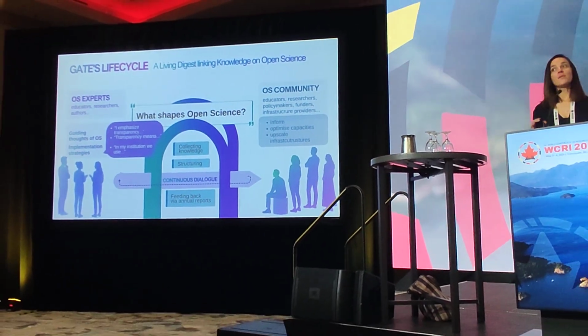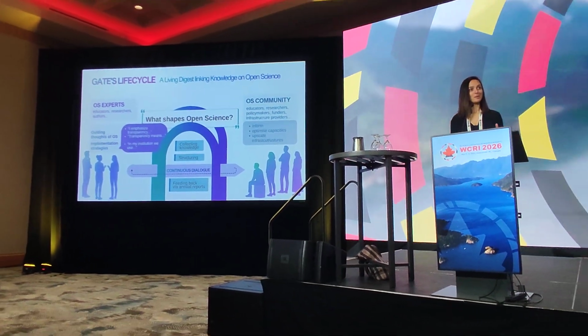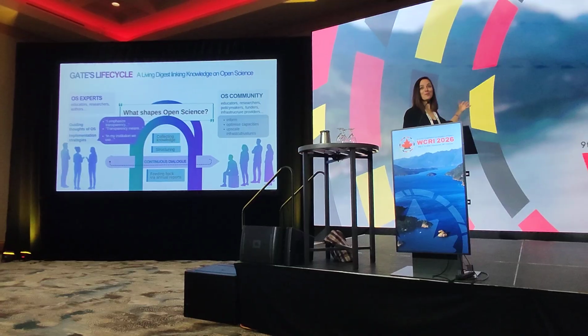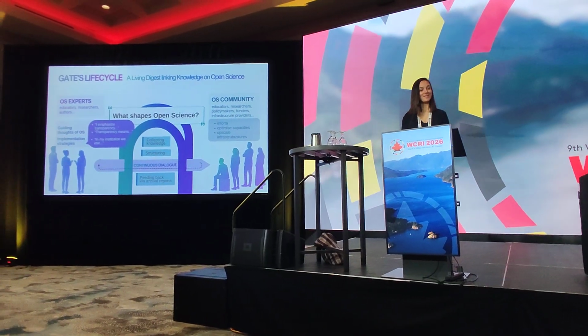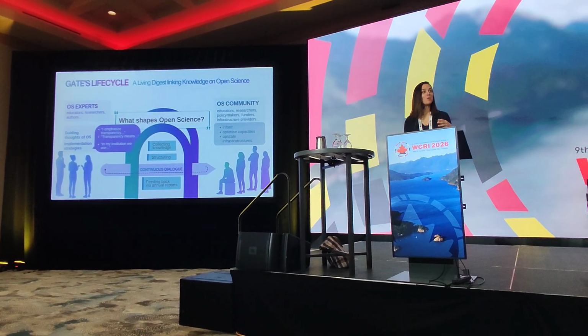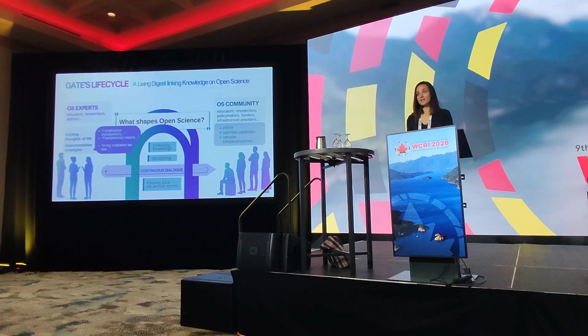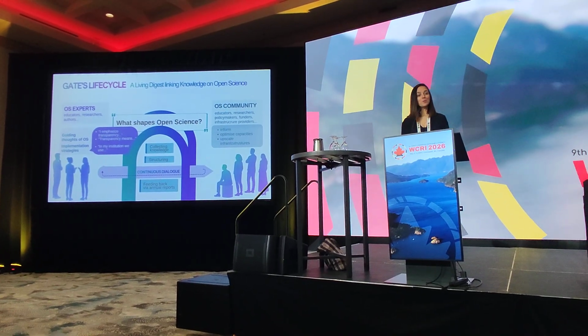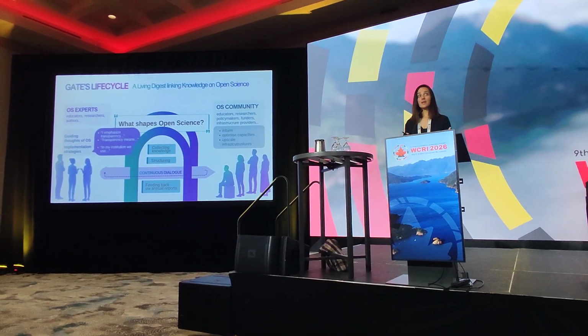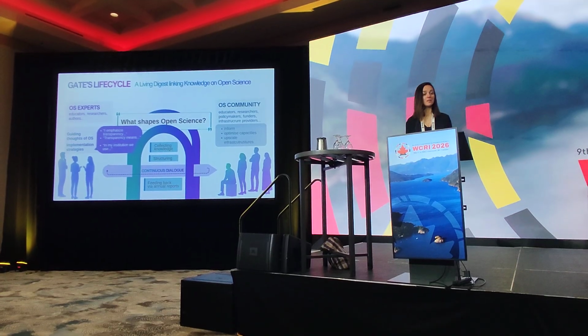But do we know everything with our definitions from last year or 3 years ago? Things evolve, as I said. Do we know about the needs of those who practice research? Do we know about their challenges, their working realities within their institutions?